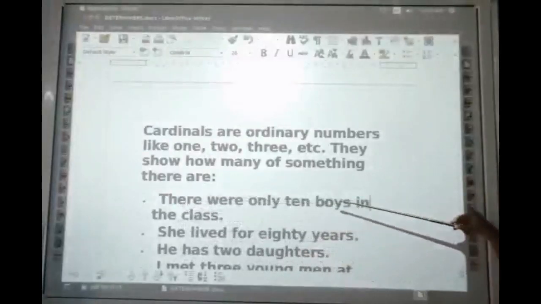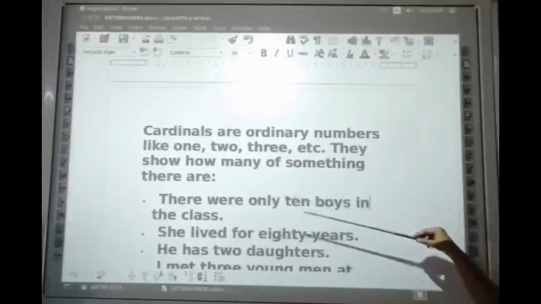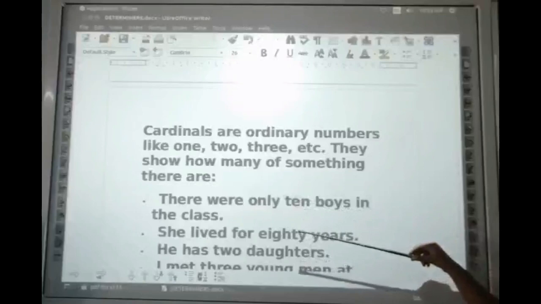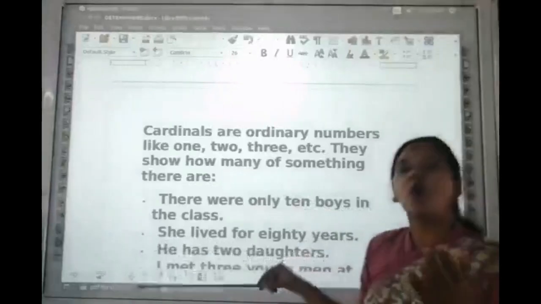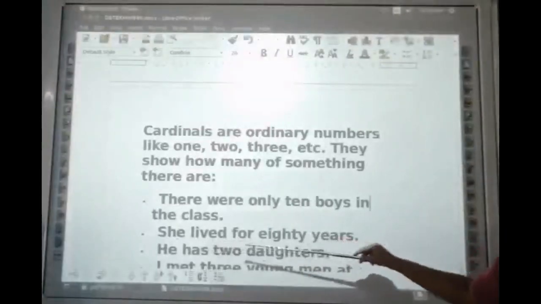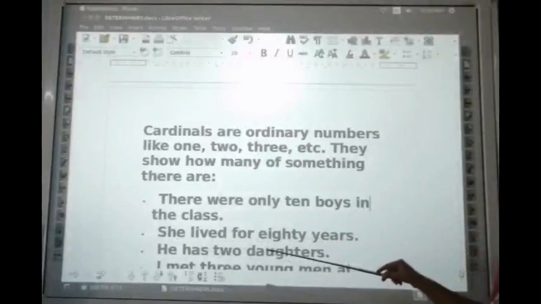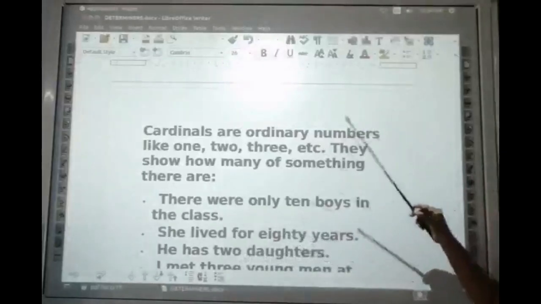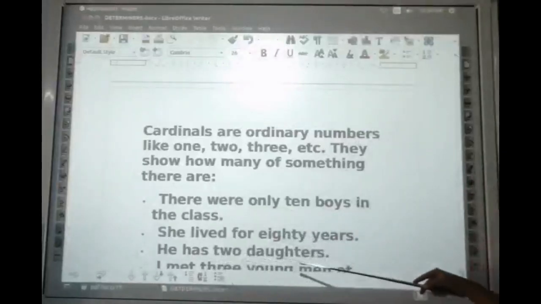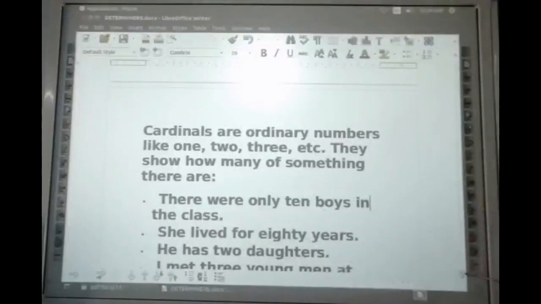There were only 10 boys. The 10 is the cardinal. And he got the 10th rank in the classroom. A boy got the 10th rank, and the word 10th is the ordinal. She lived for 80 years, and she is celebrating her 80th birthday. 80th is the ordinal and 80 is the cardinal. He has 2 daughters. 2 is the cardinal. I hope you all understand.